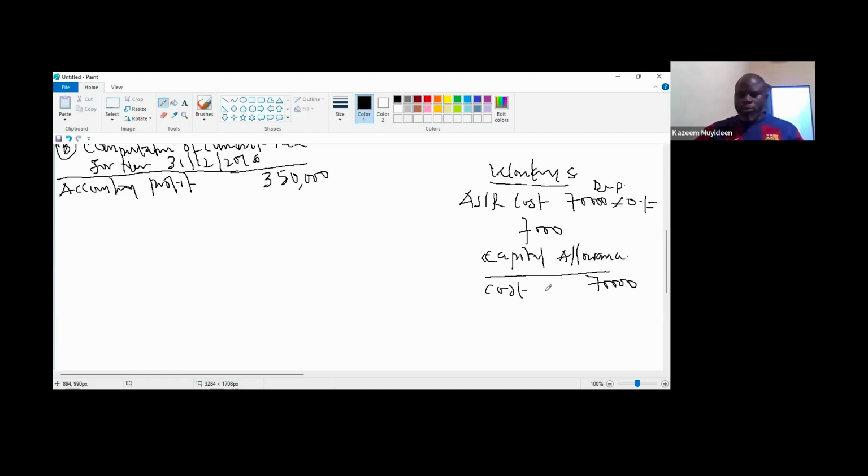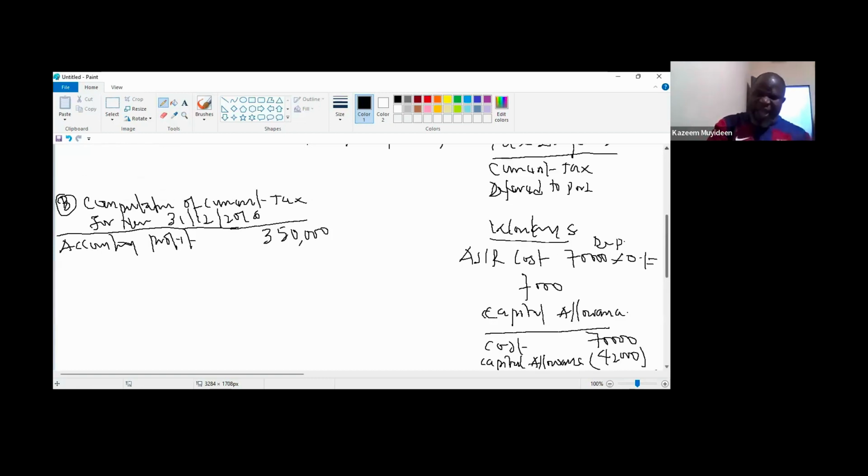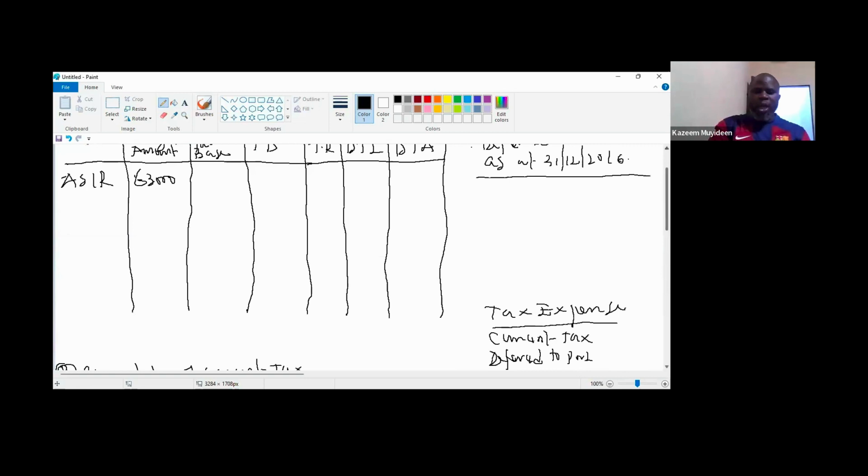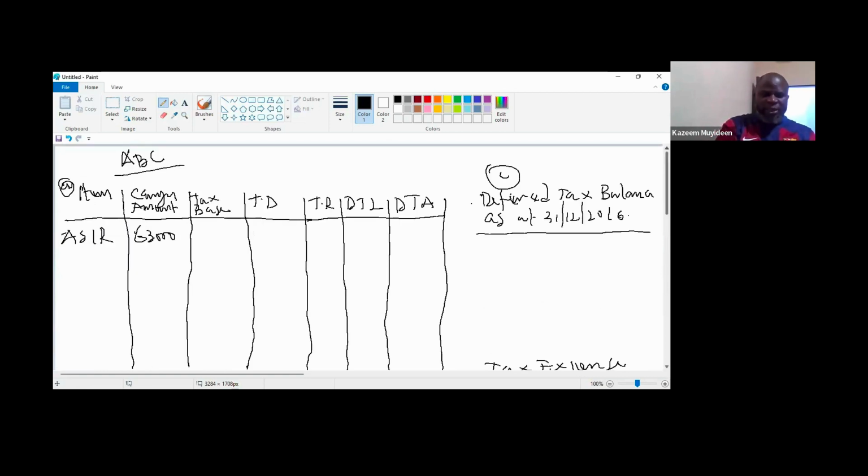The capital allowance, 42,000. So the tax base, 70 minus 42, is 28,000. Don't forget, we need the depreciation and the capital allowance to calculate current tax. Now, the tax base.